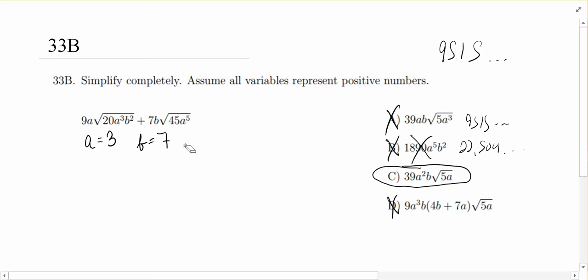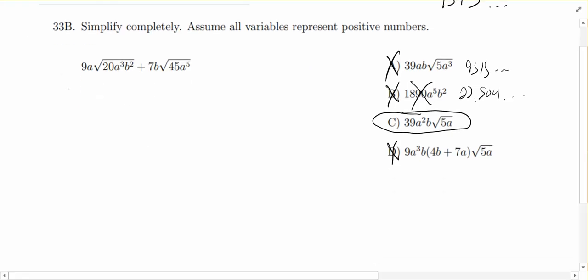Now, if we actually wanted to solve this problem as a refresher, we're going to start off with break it up, take the radical, clean it up. So 20 is 4 times 5. A cubed is a squared times a. And b squared is already a perfect square.